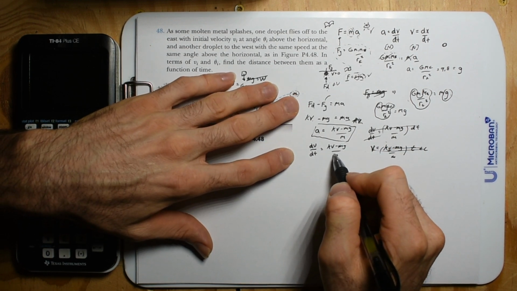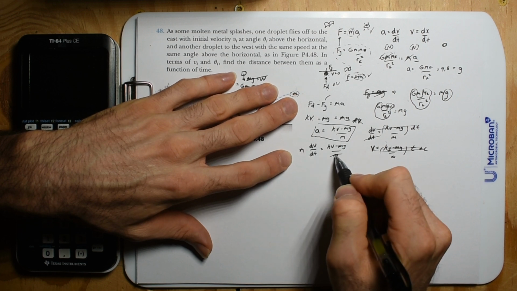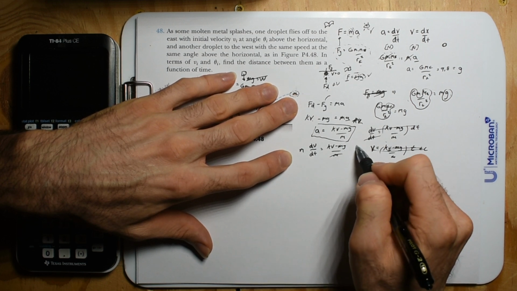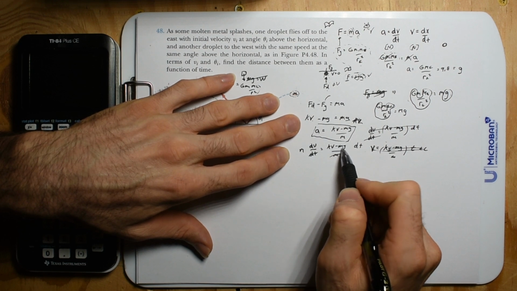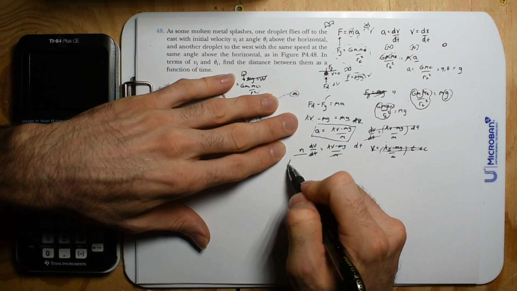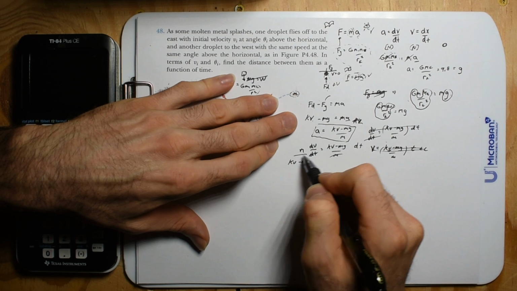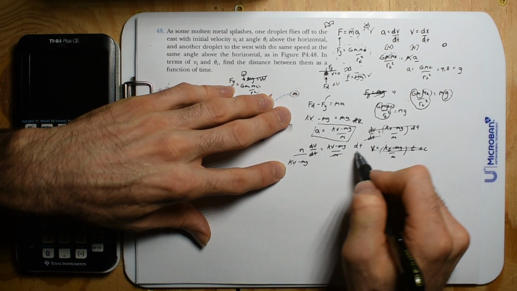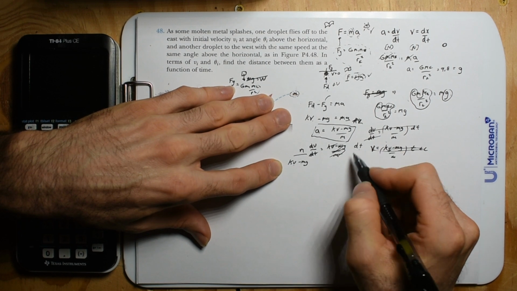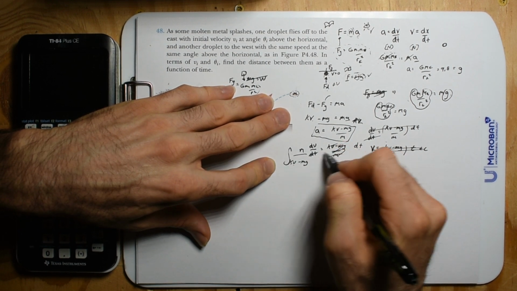So what we're going to do is bring this m upstairs, and now we can bring the dt over here, but now we have to bring this kv minus mg over here. So we're going to go kv minus mg. So now we have m dv over the kv minus mg, and now we can have just dt over here. So now we integrate both sides. Well, hell yeah.